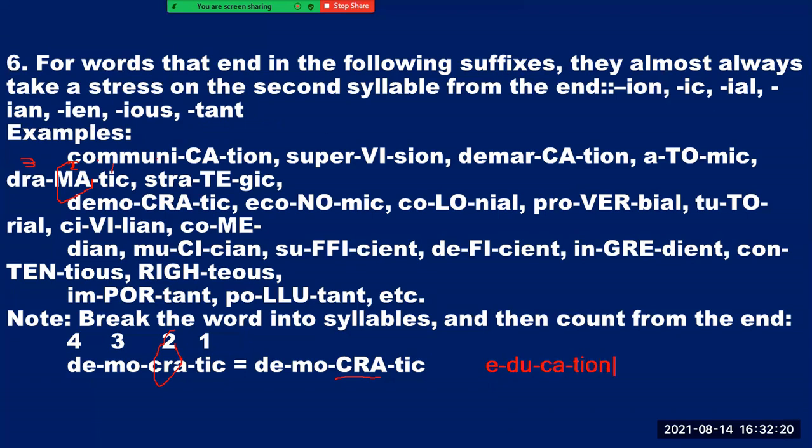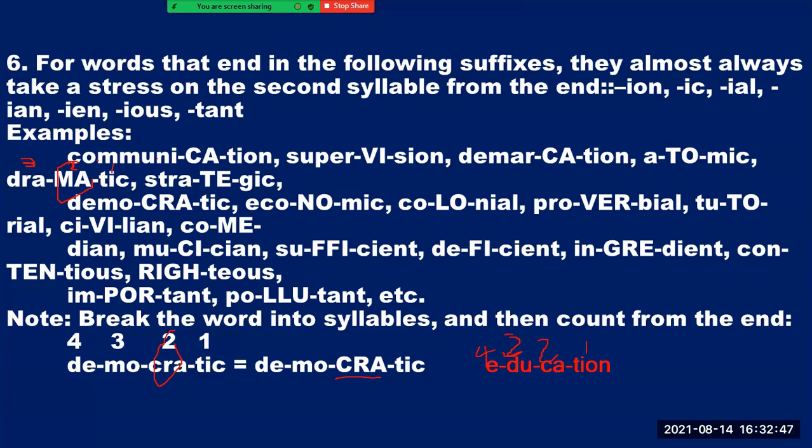You can see it ends in ION. And so if we number it, this is syllable number 1 from the end. This is 2. This is 3. Please just don't mind the writing. Okay, so we have 1, 2, 3, 4.